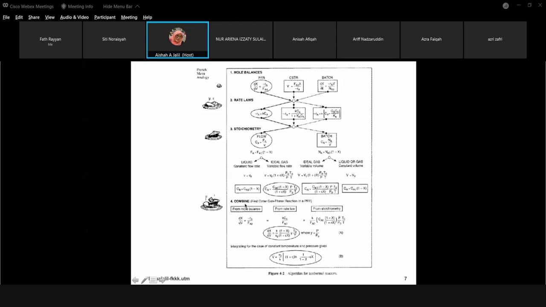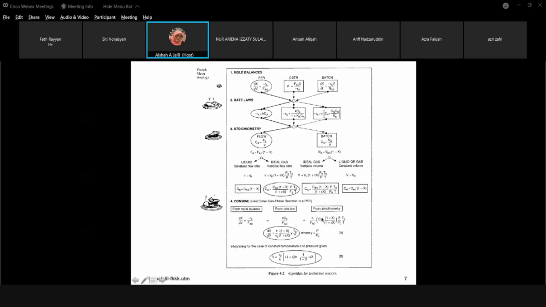And then combine. For the combine, they give an example for the first order gas phase reaction in a PFR. So negative RA equals this one. Then the mole balance becomes the PFR. Negative RA equals kCA. Then CA is what? Because it is a first order gas phase reaction, because of the gas phase, they take this one for the CA.